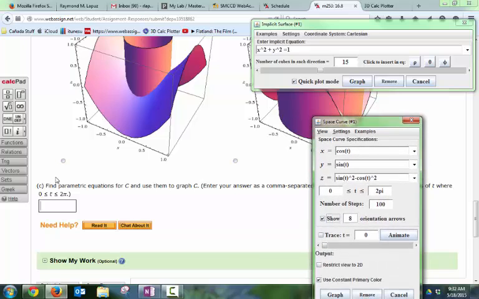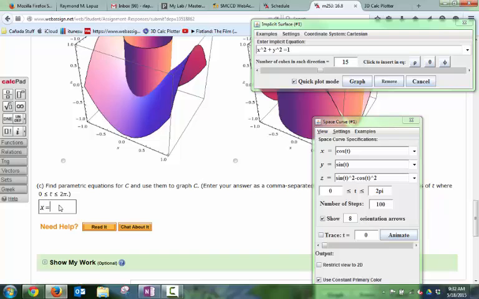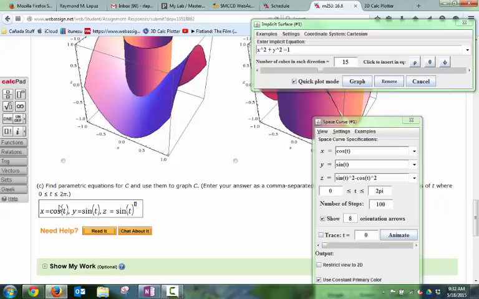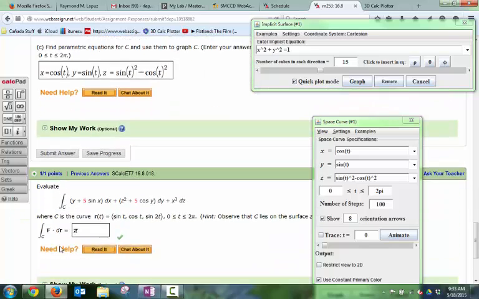Okay, so let's see, x equals cosine t is what we got, y equals sine t, and z is equal to sine t squared minus cosine t squared. And let's see if it'll take.